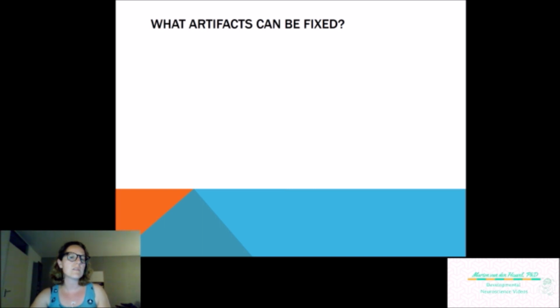I will still discuss a little bit about filtering, because this is one of the things used most to fix data afterwards. So we'll discuss that briefly, and then we go into several artifacts and noise that you can see in EEG data, and I will discuss if it's fixable or not. And then probably I will make a video later to show you more about how to fix data.